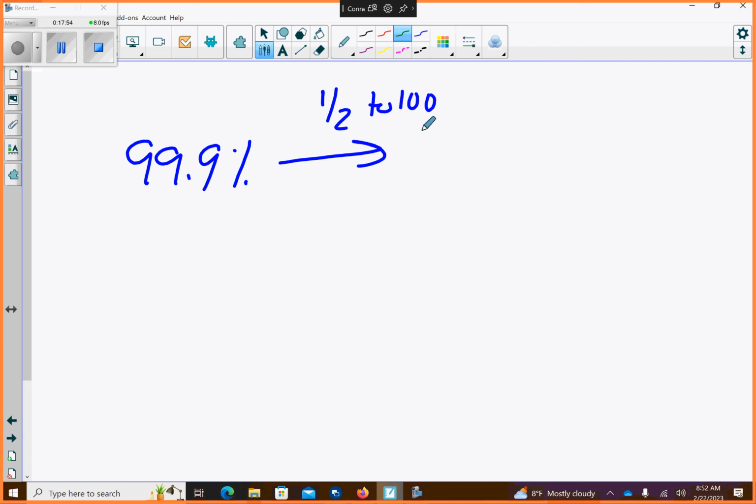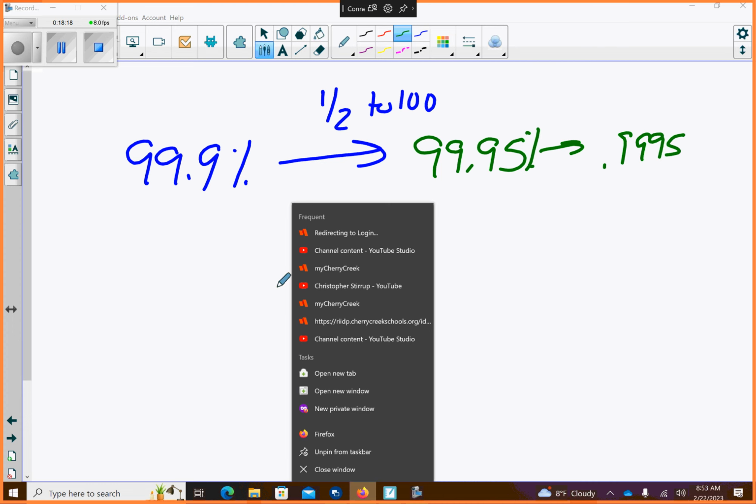What's halfway to 100 from 99.9? Anyone know? 99.95%. So I'm at 0.9995.